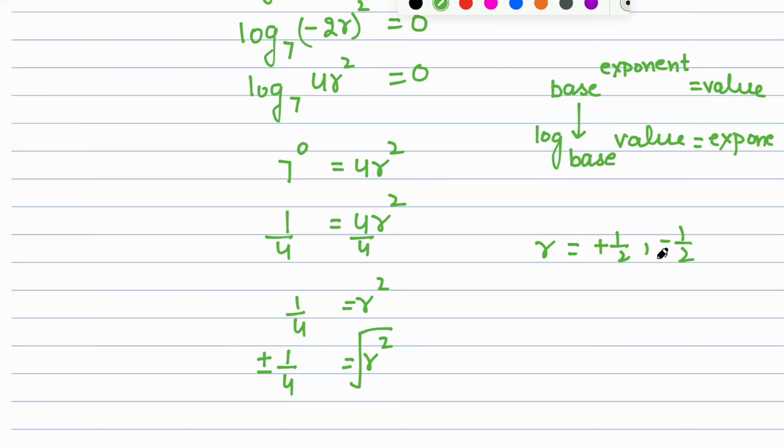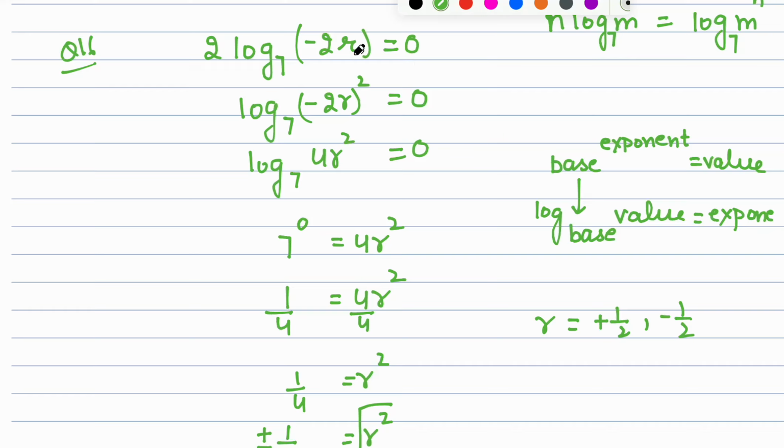But here we have to go back to the question one more time and check from the basic question which value of r is going to give me a positive number, because when it is log base b of a, this a should be a positive number. Log is not defined for negative numbers.